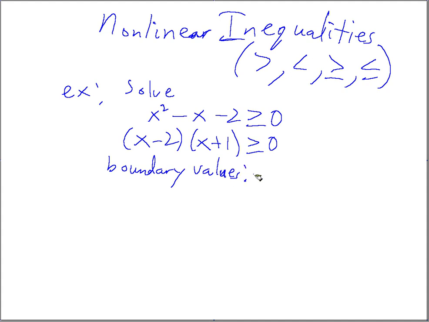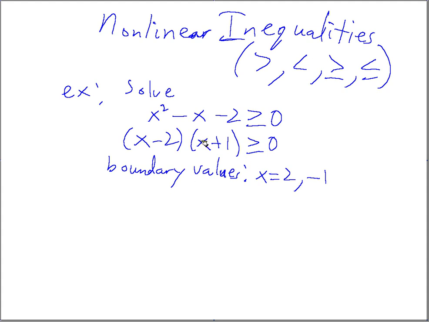The boundary values are what makes these factors equal to 0. So the boundary values are going to be x equal to positive 2 for the first one, and negative 1 for the second one.